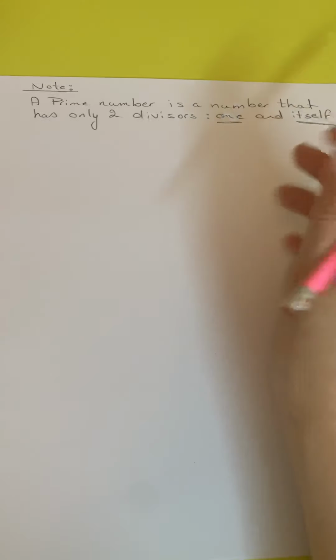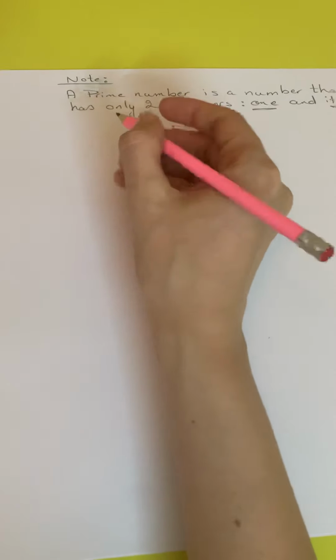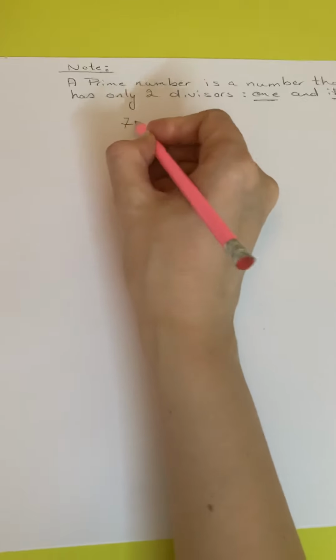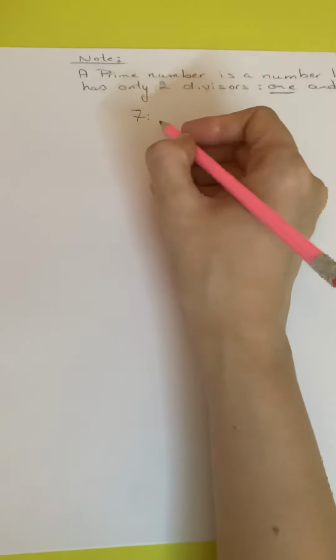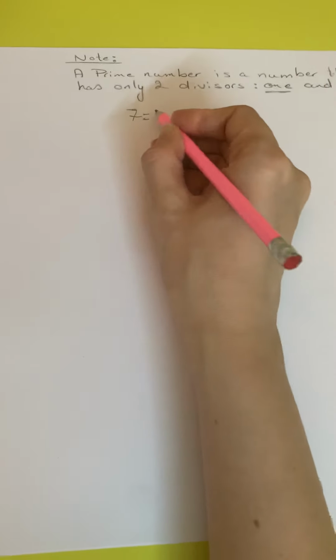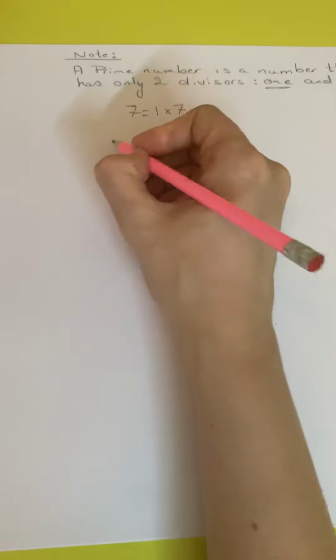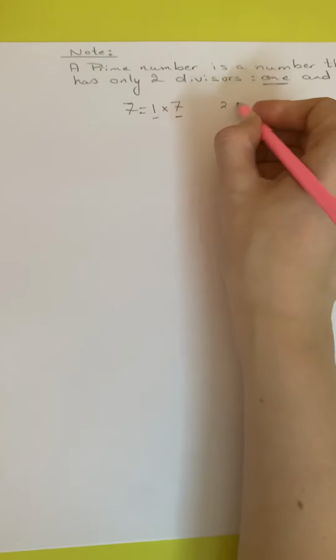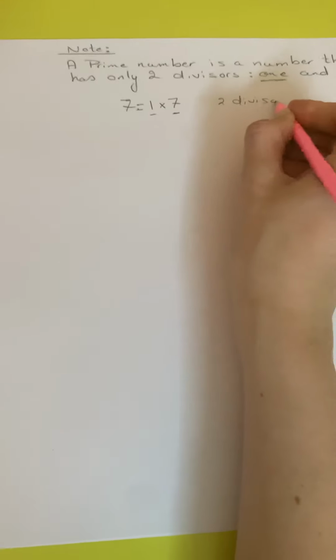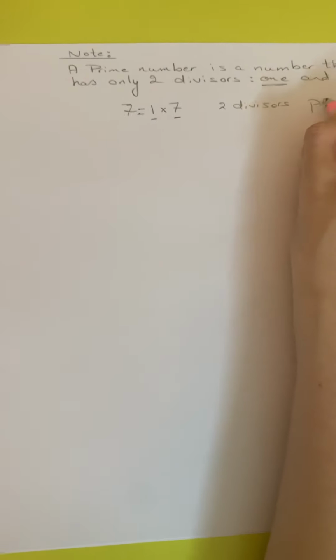For example, take the number 7. What times what will give me 7? There's only one way: 1 times 7. So it has two divisors, right? So it is a prime number.